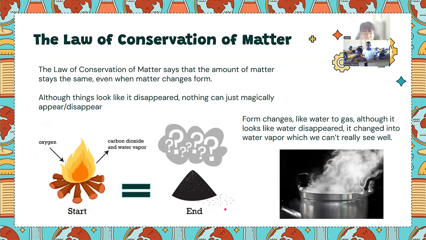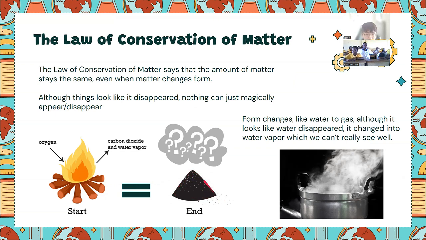So in this bottom example, you can see the fire and the wood, and we start with the wood on fire, and then we end with a pile of ash. So even though the substance looks different, for example, the wood isn't this log-shaped wood anymore, and the fire isn't there, it's just left with a pile of ash.